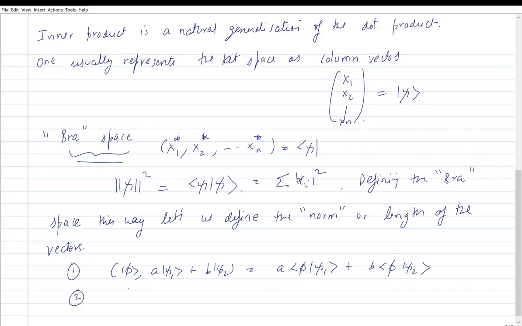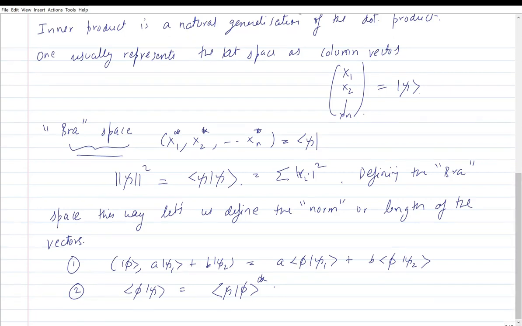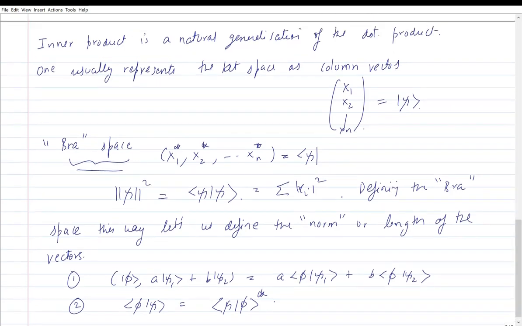By definition, when I change the role of two vectors, the inner product is the complex conjugate. It's anti-linear in the bra space. So, for example, anti-linear in phi.